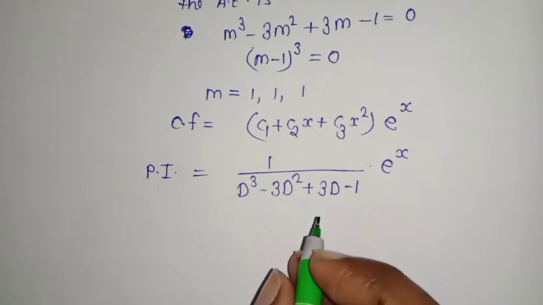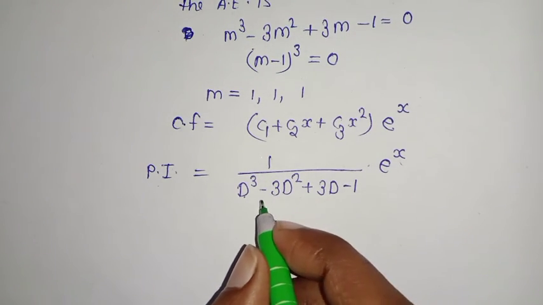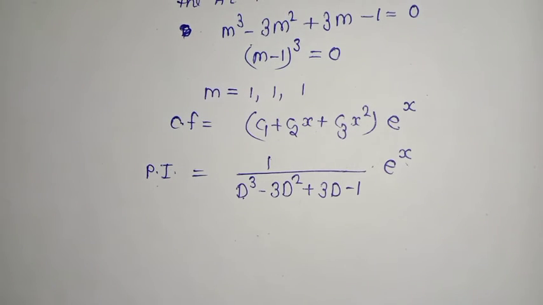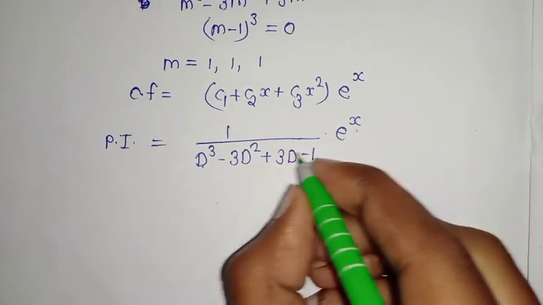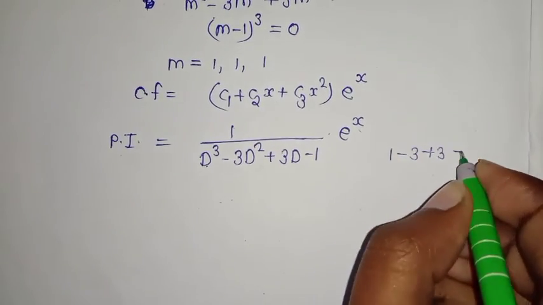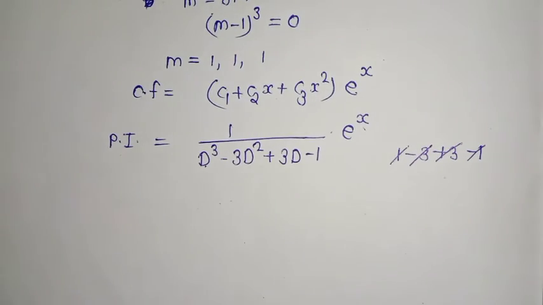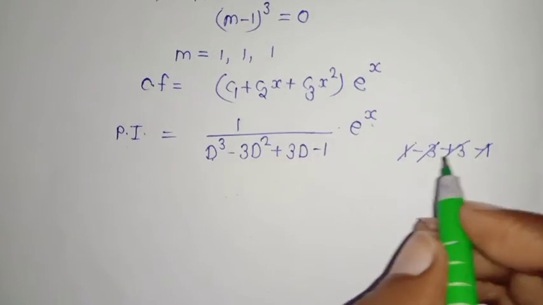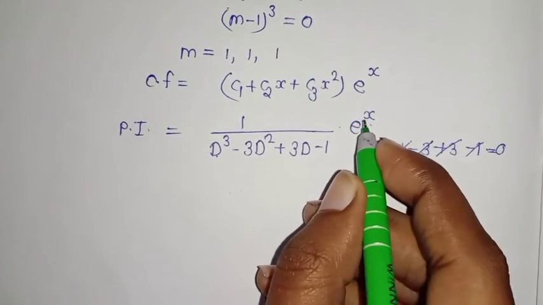So we will put d is equal to 1 here and check whether this becomes 0 or not. If we put d is equal to 1, then it becomes 1 minus 3 plus 3 minus 1. So you can see 3 gets cancelled by 3, 1 gets cancelled by minus 1. So here it is going to be 0. So we cannot apply the function directly.